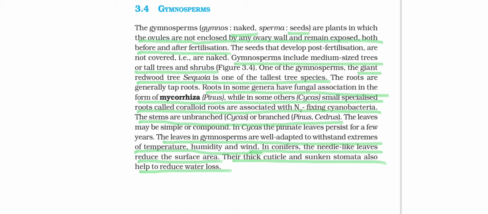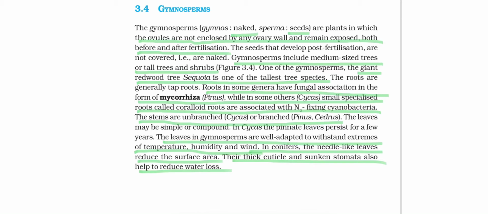So gymnosperms include many examples like pinus, then cycas, and the importance of pinus we have done earlier. Mostly the fungus is present in association with pinus.